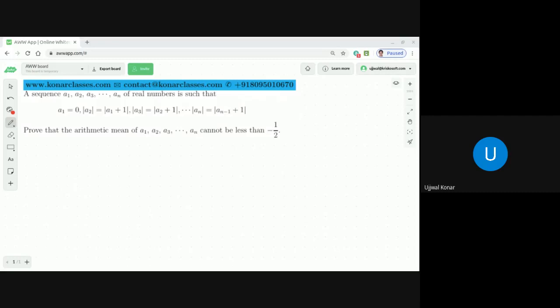The moment all these things are mentioned in the question, we should always think how we can keep this entire thing in terms of a1 plus a2 plus a3 up to an. And as mod is given, how can we leverage that mod concept as well?